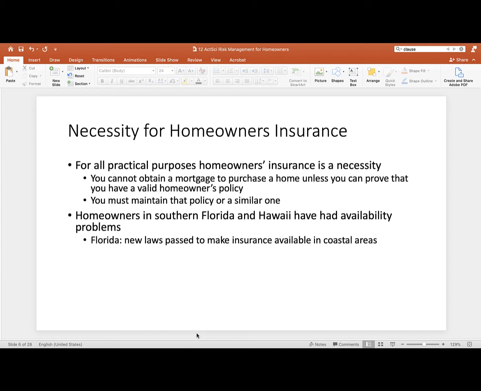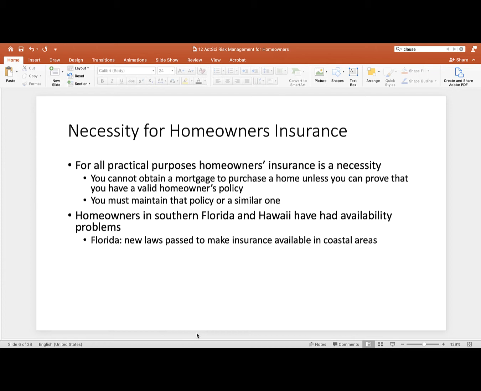You can't even obtain a mortgage to purchase a home unless you can prove that you have an actual homeowners policy, because the mortgage company is giving you money. Basically, they've got money invested in your home, and they want their investment to be well maintained, and they want to make sure that you've got well-placed homeowners insurance. And you must maintain it throughout the time of the loan.